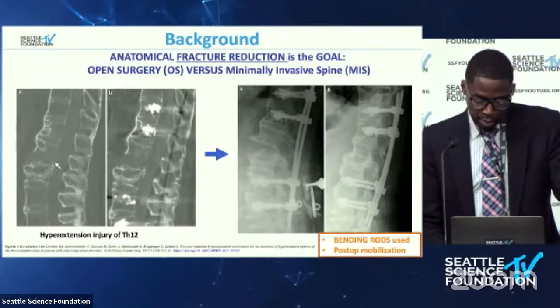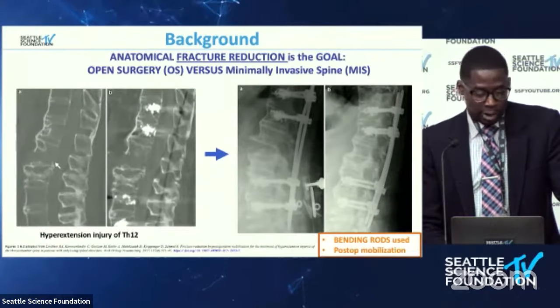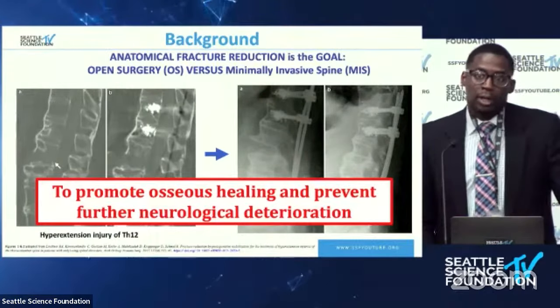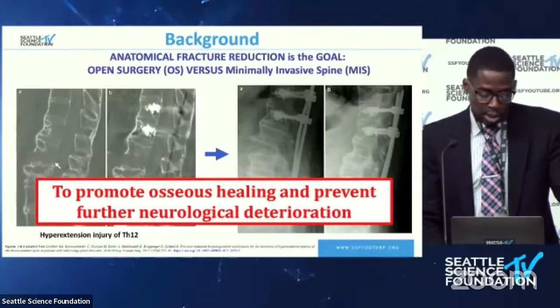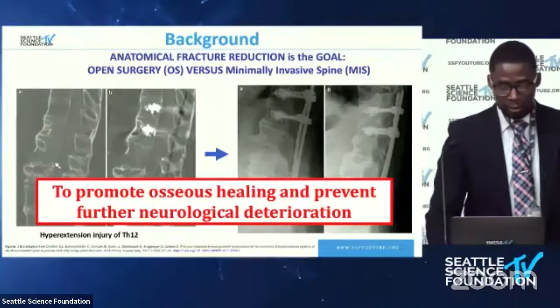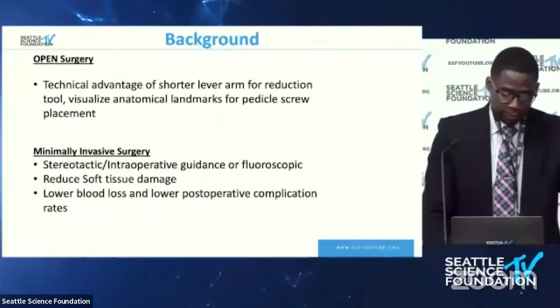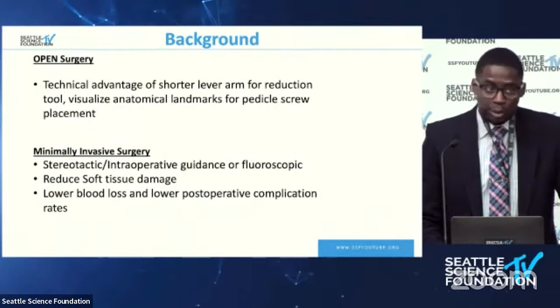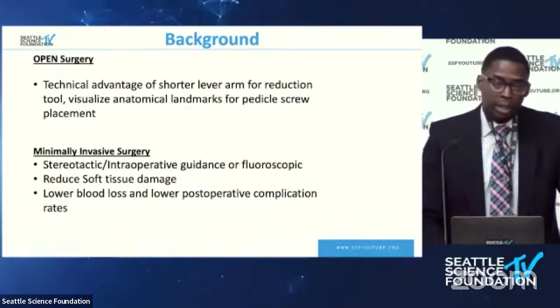That was discussed in the background. The hope is that irrespective of surgical procedure, fixating and reducing them helps promote osseous healing and prevents any further neurological deterioration. The article also discussed technical advantages between open and minimally invasive procedures.